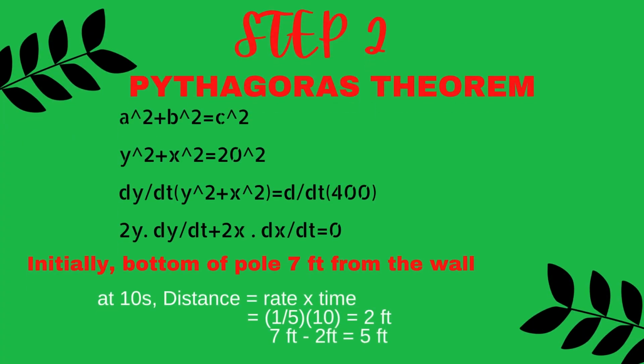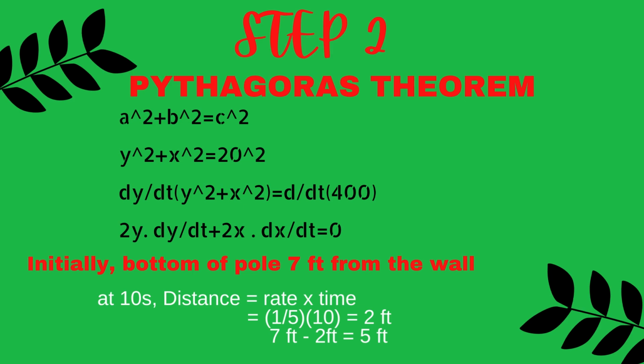From the diagram, we know that this question is related to the Pythagoras theorem. As we all know, the equation for the Pythagoras theorem is a squared plus b squared equals c squared. Therefore, we can substitute the information given into an equation and differentiate it.